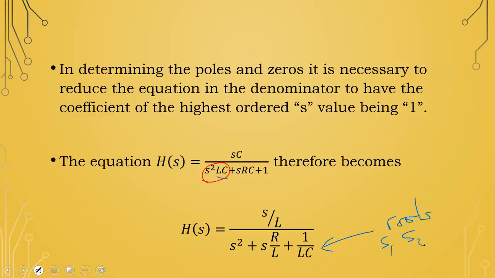S1 and S2 would give me the poles, and of course, in this instance, the zero would be 0, because with S being equal to 0, we would have the function being 0.